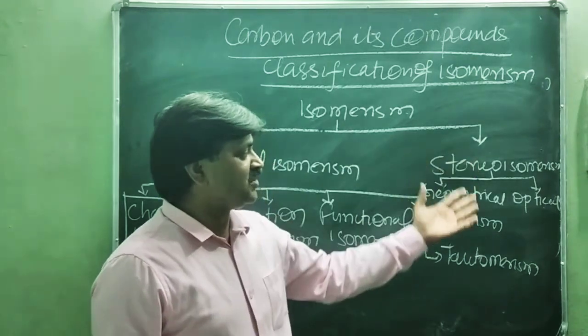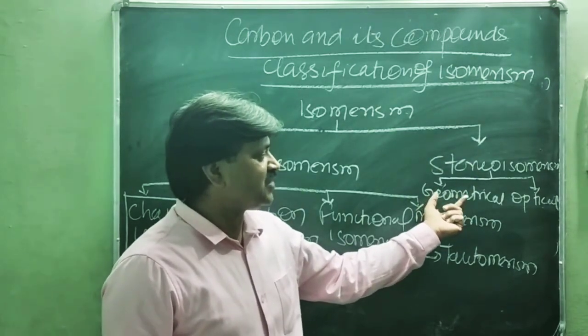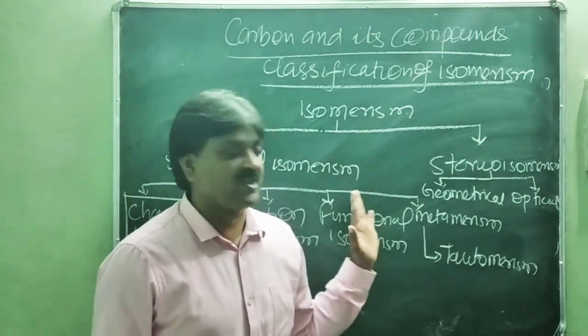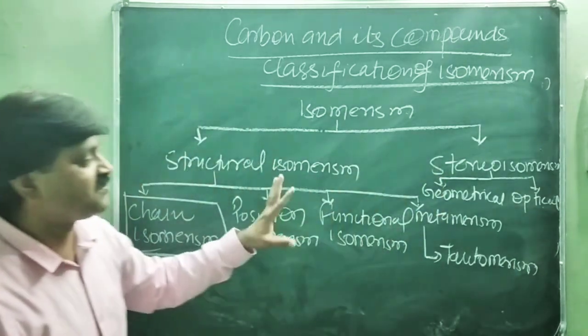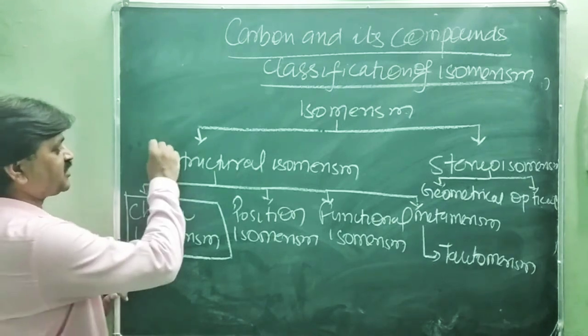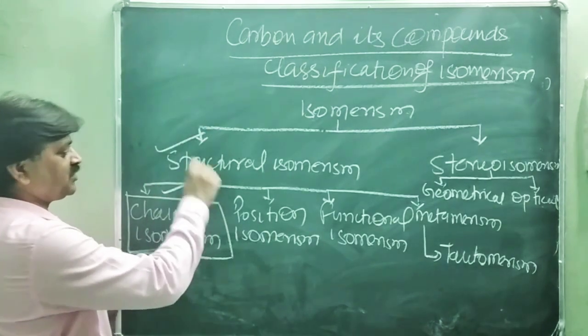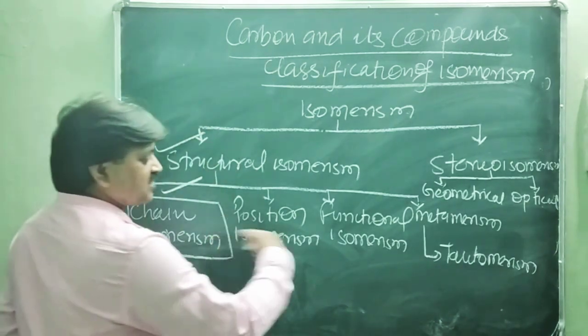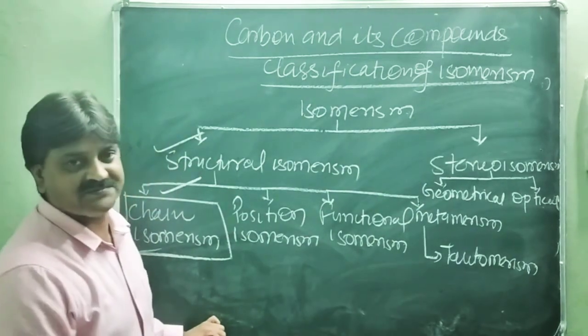Stereoisomerism has 2 types: geometrical and optical isomerism. All these are the syllabus of 11th and 12th. You will read only structural isomerism with chain isomerism only, and the rest you will read in class 11. Is it clear?